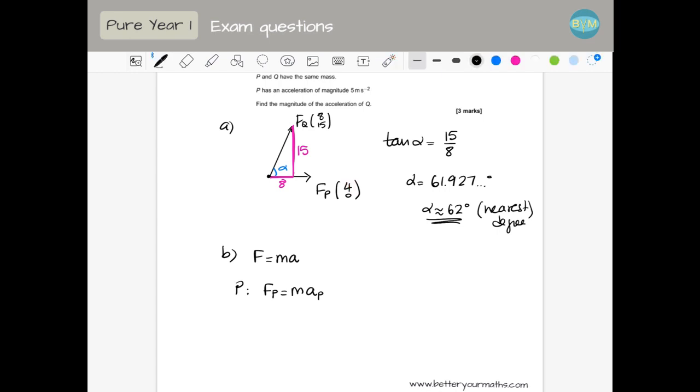So 4 is the mass times the acceleration, which they say is 5. Therefore, the mass is 4/5 or 0.8.